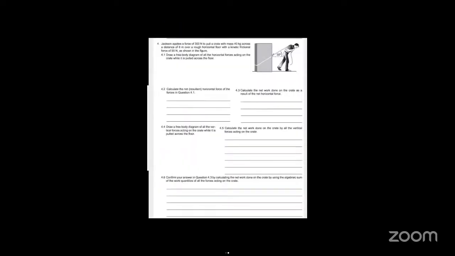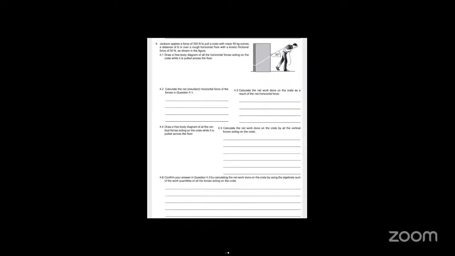What is the answer? 519.62 joules. So this is our work net. As we are changing the angle, there is this one here that I want you guys to try. In just 10 minutes, then we are done.